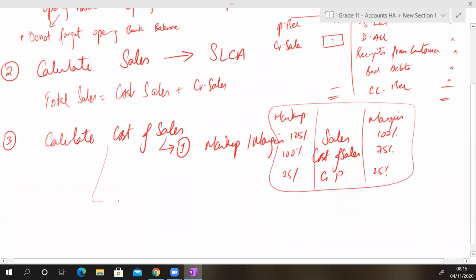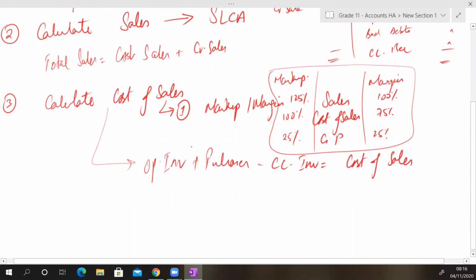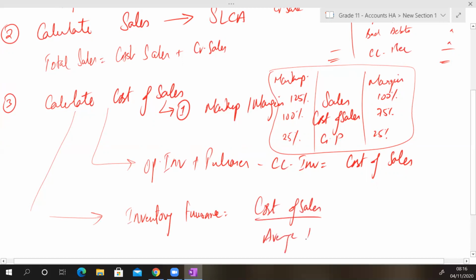Another way of calculating cost of sales is opening inventory plus purchases minus closing inventory is equal to cost of sales. Another way of calculating cost of sales is inventory turnover is equal to cost of sales upon average inventory.